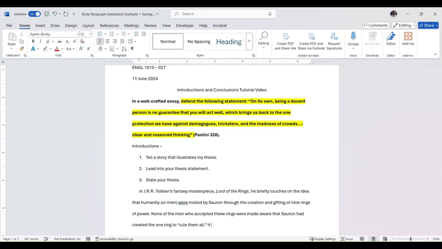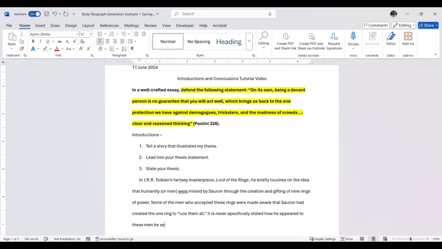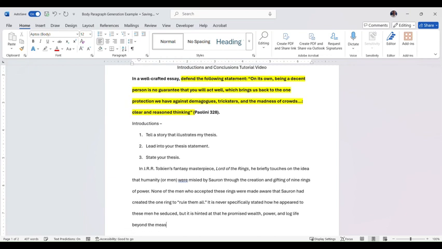It is never specifically stated how he appeared to these men he seduced, but it is hinted at that he promised wealth, power, and long life beyond the measure granted us by God.